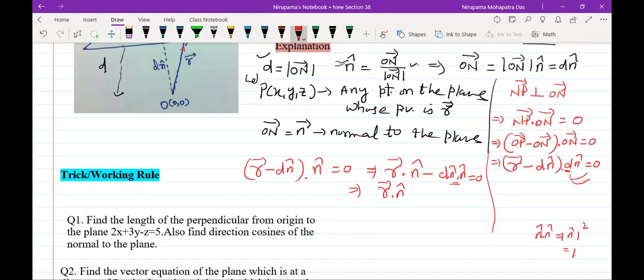So r dot n cap minus D equals 0. So we get r vector dot n cap equals D.